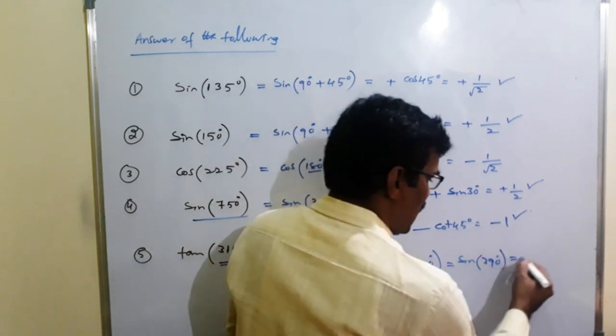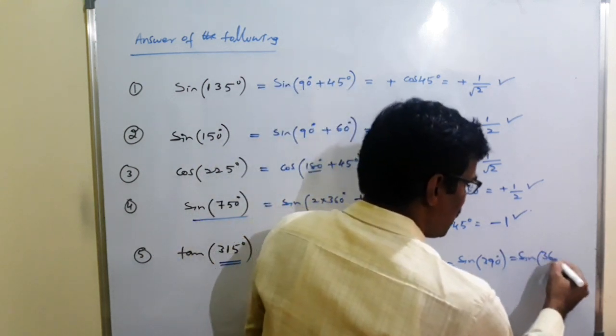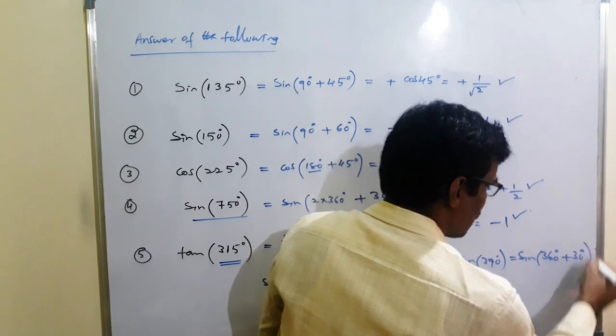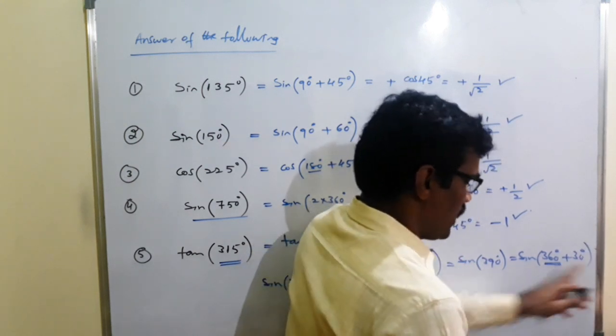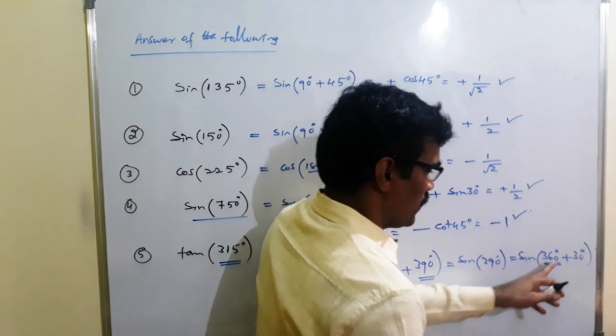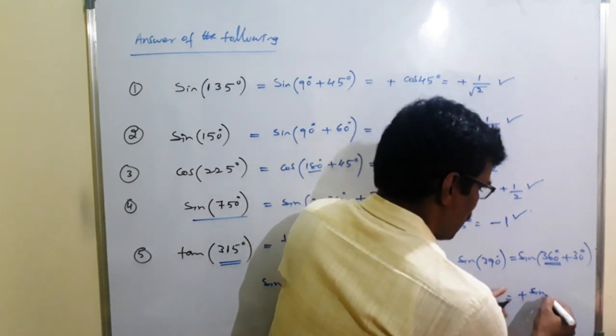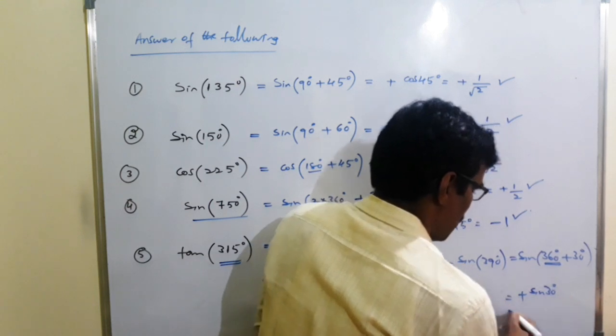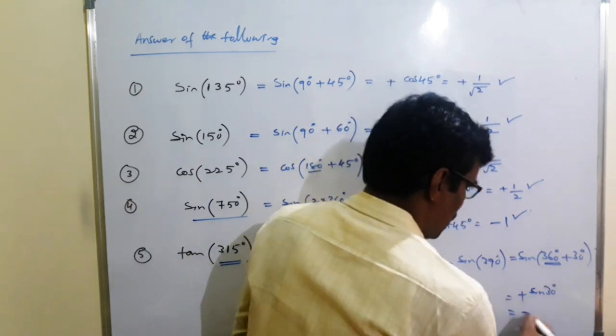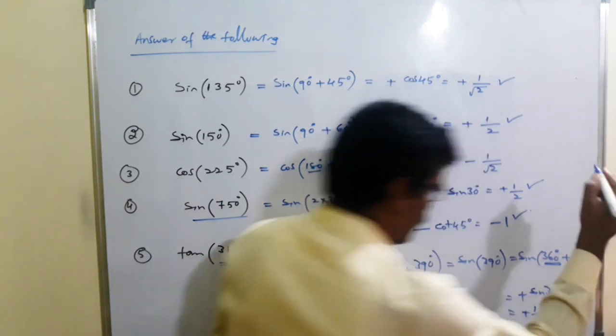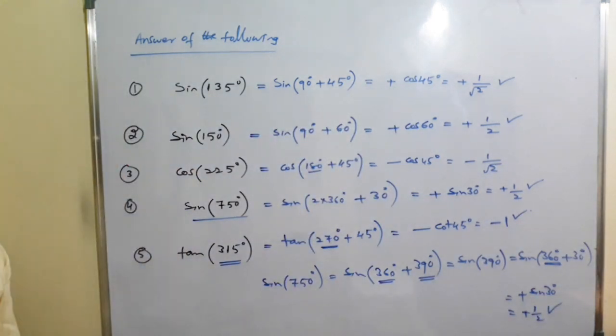Sine 390 again we can write as sine of 360 degrees plus 30 degrees. This is the first quadrant. So here positive. That's why here 360, plus sine theta. Theta means 30 degrees. Sine 30 is plus 1 by 2. Is that clear?